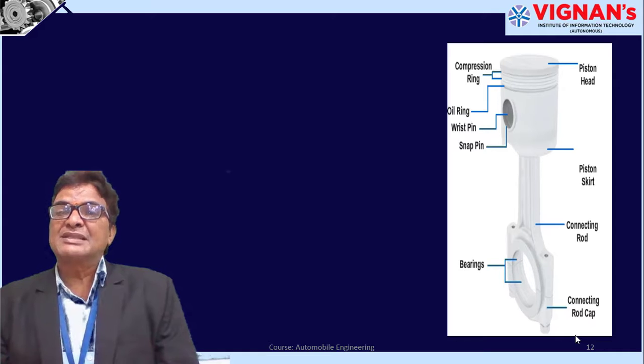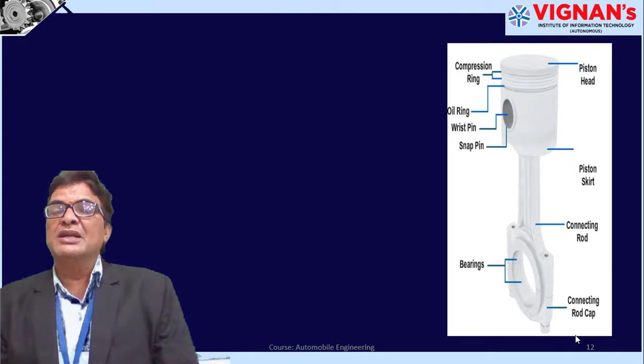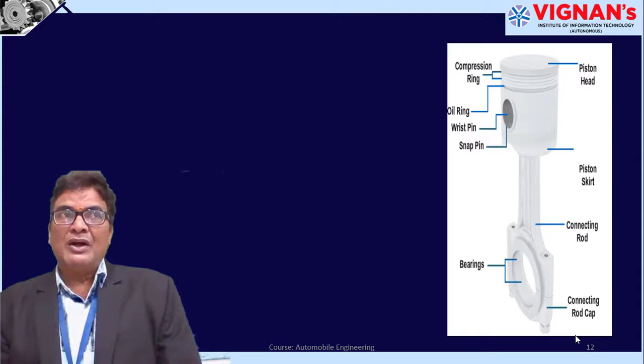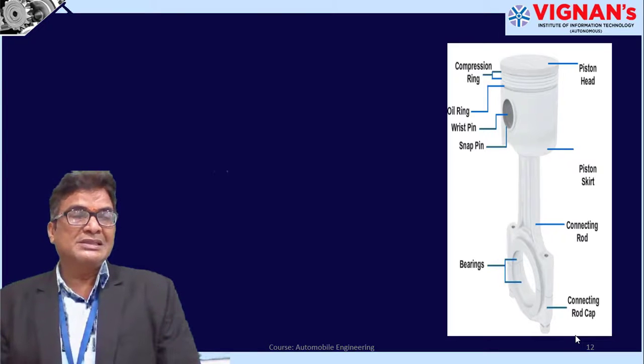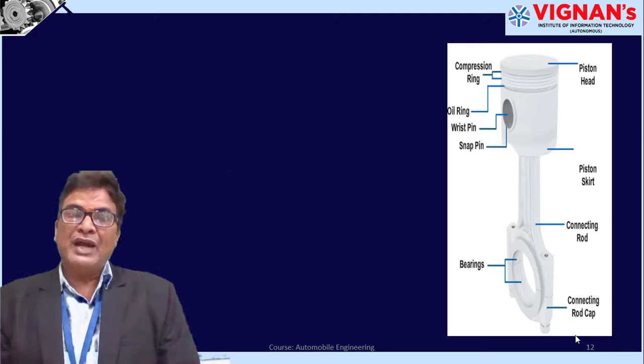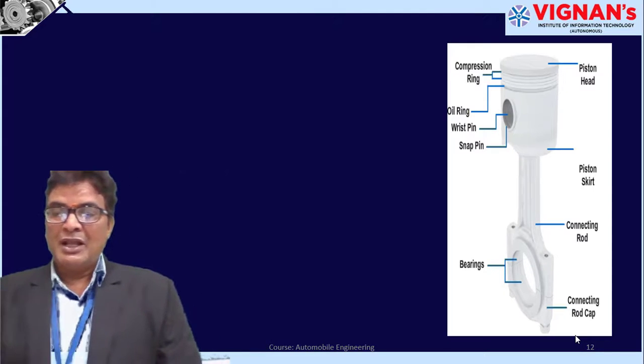At the piston side, the connecting rod is put inside the piston. The piston is a hollow structure and is made of aluminum or aluminum alloy, since aluminum has the property of resisting very high temperatures.